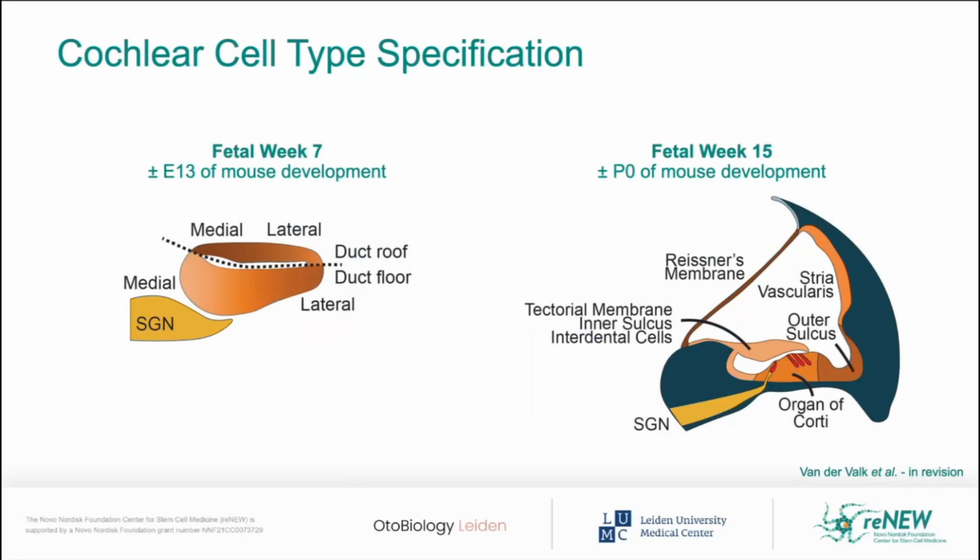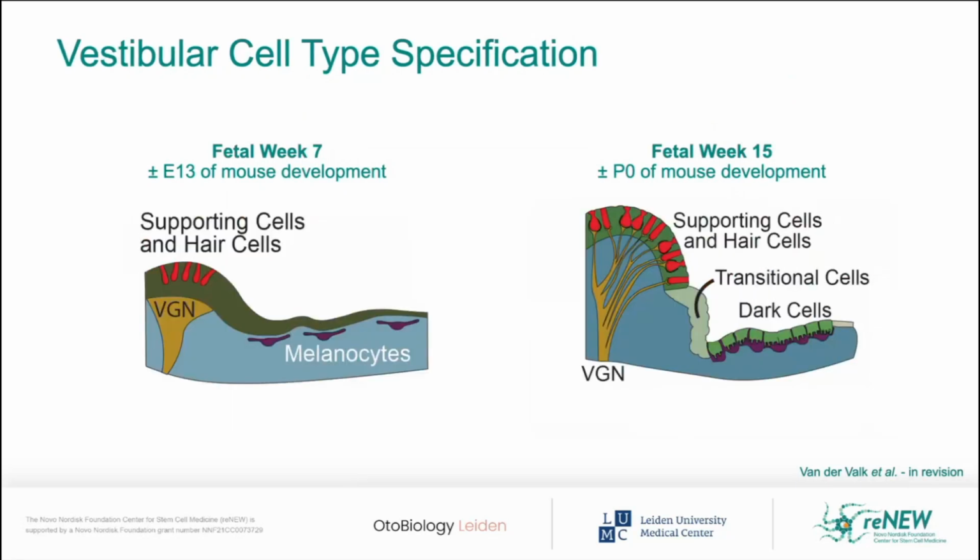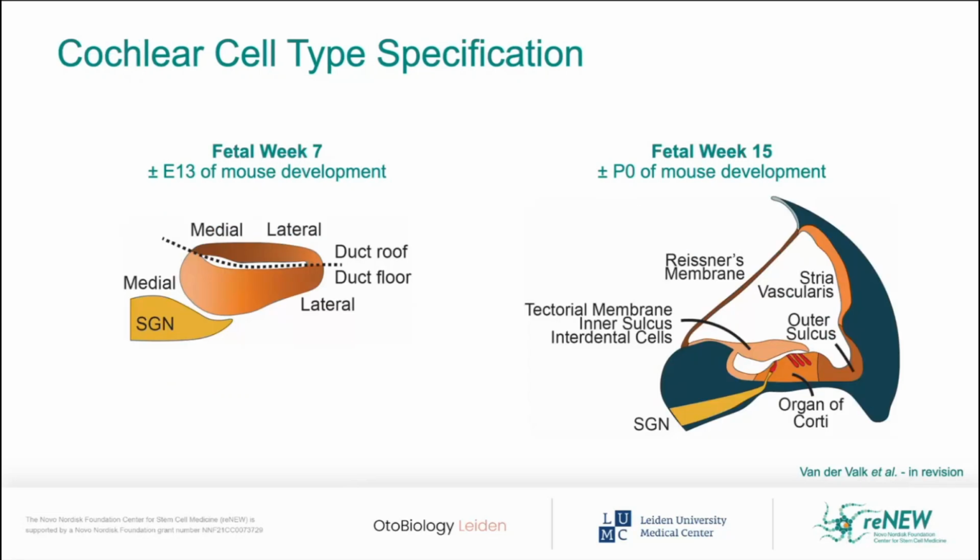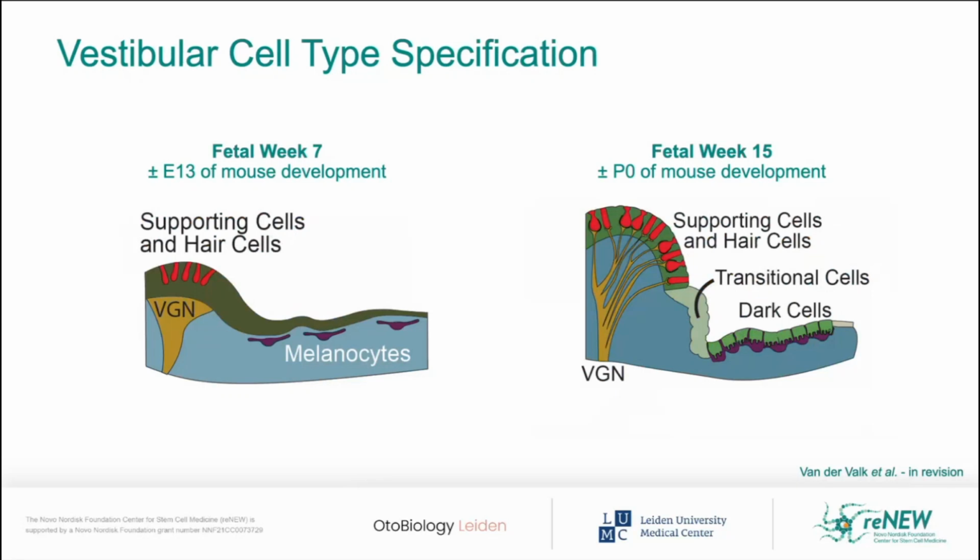Schematically, you can see that the cochlea undergoes a huge change during this time window, in which the stria vascularis is developing, but also the organ of Corti with the hair cells. The vestibular system is already a little more advanced, but in this time period you get type 2 versus type 1 specification, and you can see that these dark cells with melanocytes are developing in this time window.